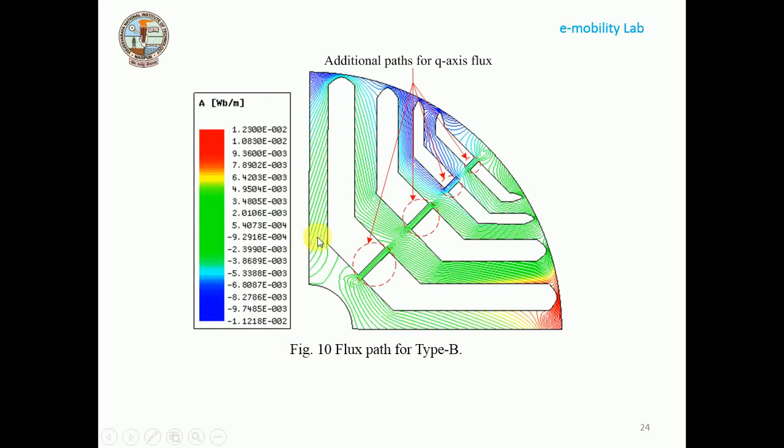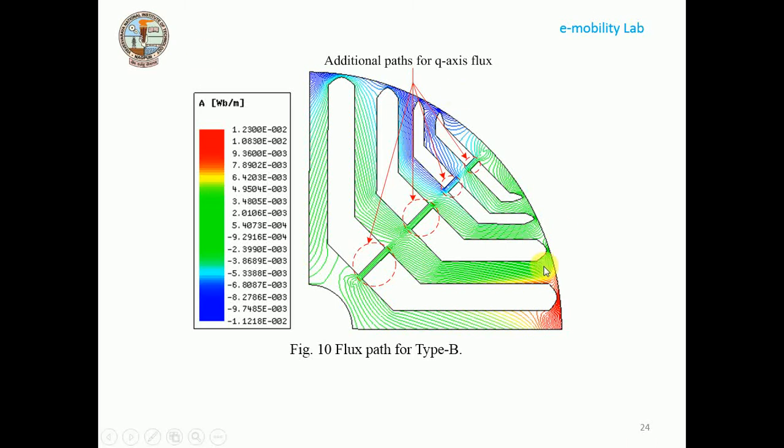This is the figure; this is the flux line. When we provide radial ribs, we provide an additional flux path for the q-axis flux. If the flux linkage in the q-axis increases, that means Lq is increasing. Lq increasing means the saliency ratio decreases, which is poor torque performance.